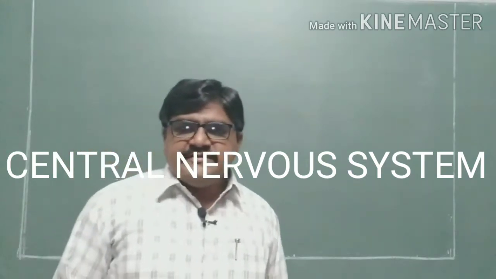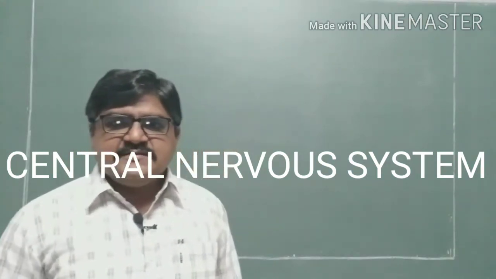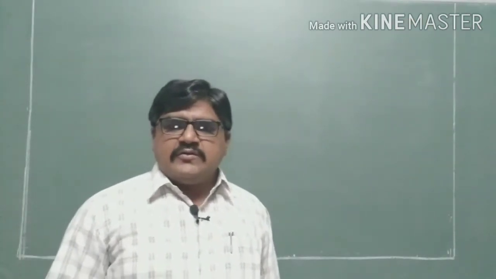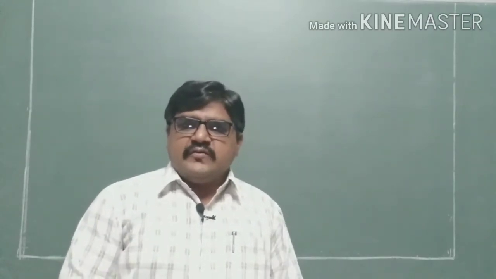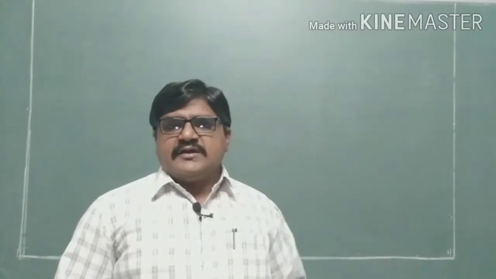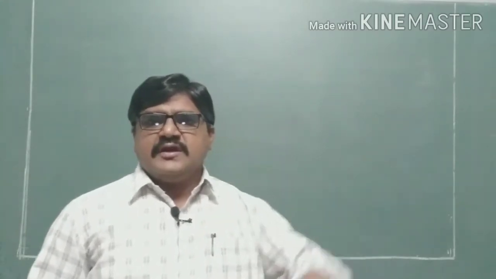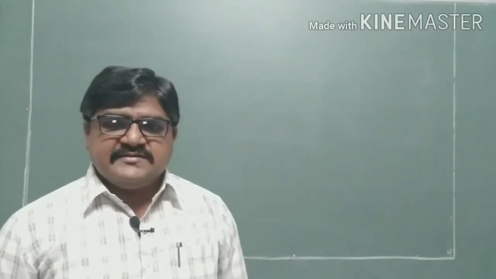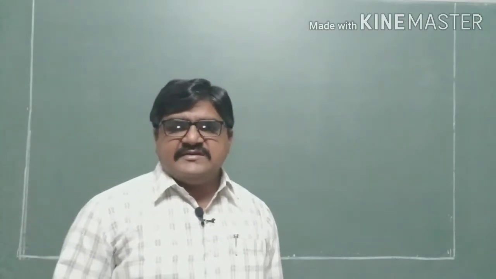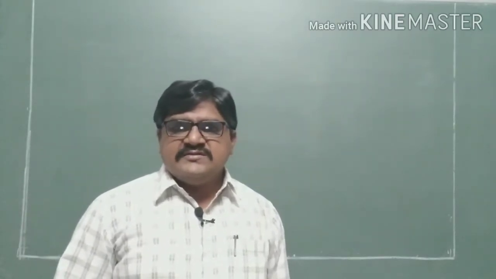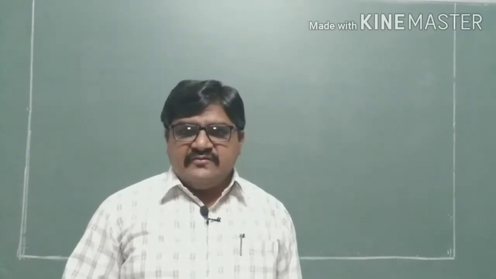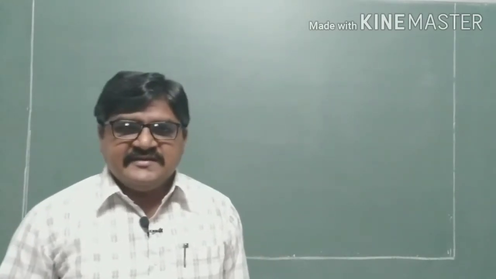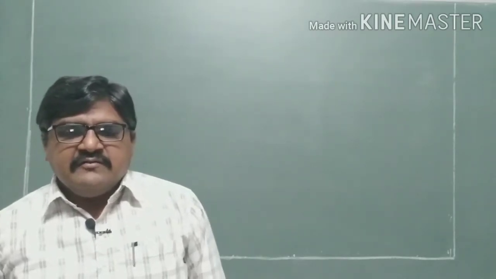Good morning, students. In our last class, we discussed the structure of the neuron, and also studied the classification of the human nervous system. Neurons are the structural as well as the functional units of the nervous system.